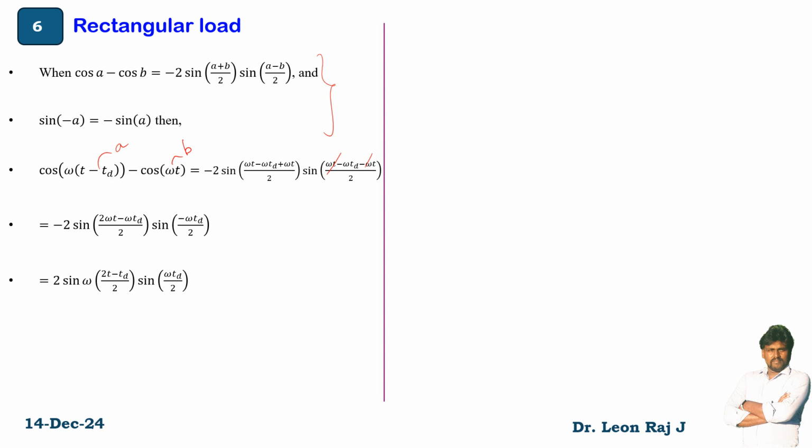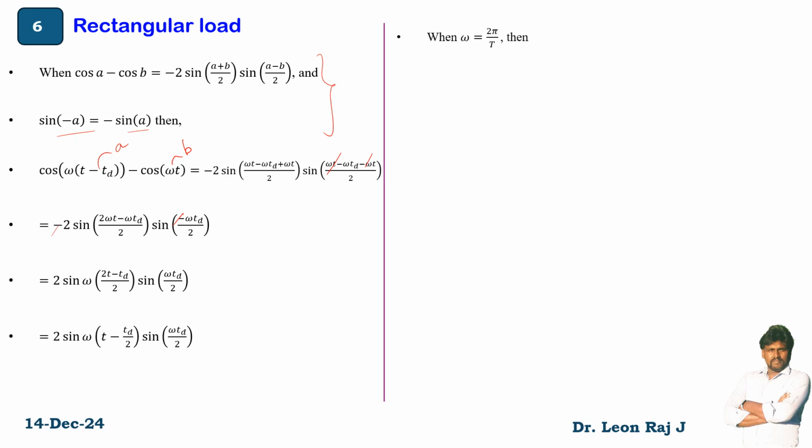The sine term gets cancelled by applying the sine formula, sine minus a equal to minus sine a. So this sign goes outside, and you get 2 sine omega 2t minus td by 2 in the sine omega td divided by 2.